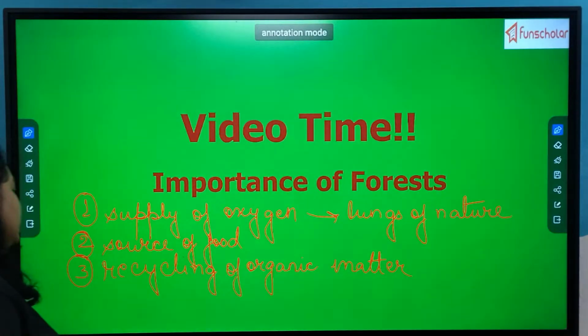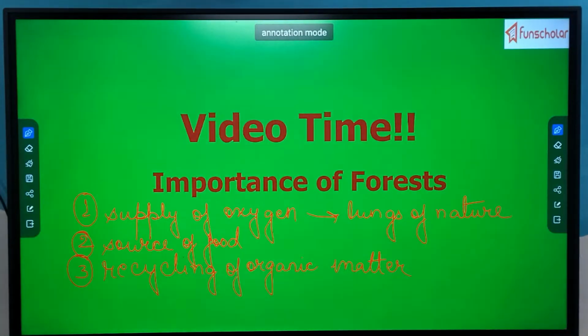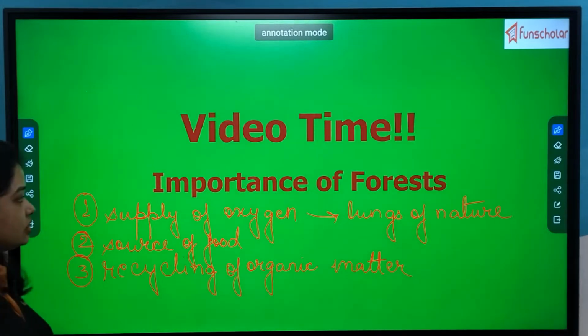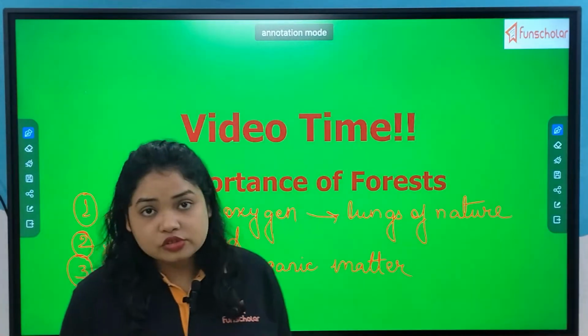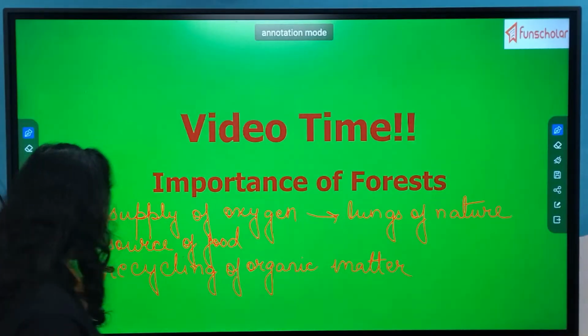So forest plays an important role in this function because they are home to decomposers.